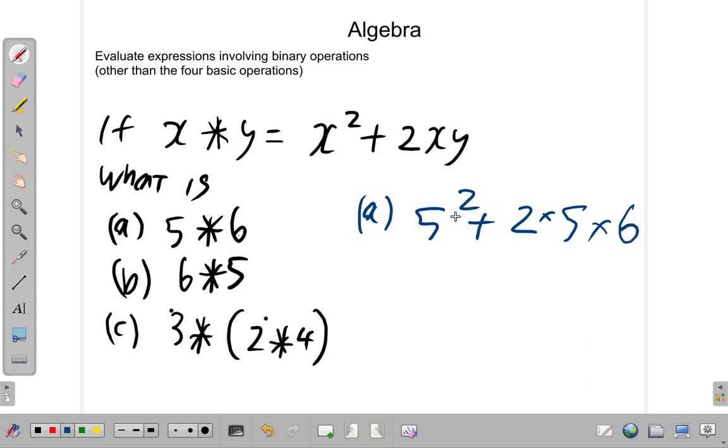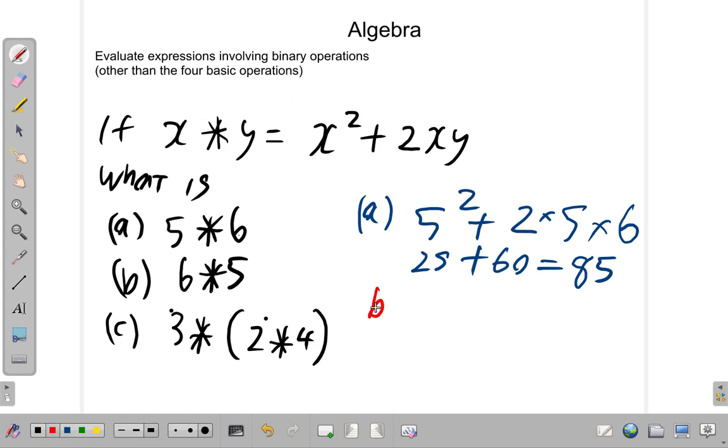So what you have is 5 squared is 25 plus 2 times 5 is 10, 10 times 6 is 60. So it's 25 plus 60. 25 plus 60 is what? 85. So it's 85. Okay? So it's a matter of following the pattern. X first, you put x squared plus 2 times x, whatever that number is used to represent x.